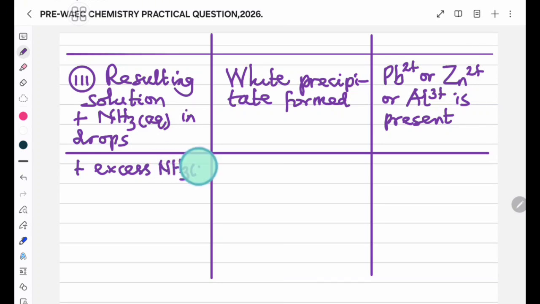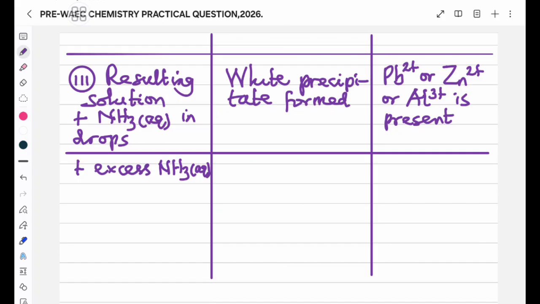Don't forget, you must indicate the state of that substance. Ordinarily ammonia is a gas, but aqueous ammonia is a solution of ammonia. Put (aq) to indicate that it is not in gas but in aqueous state.